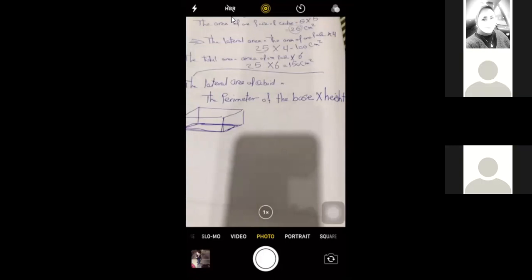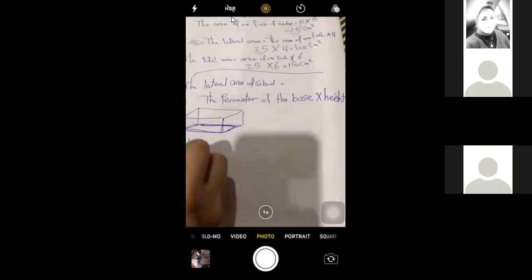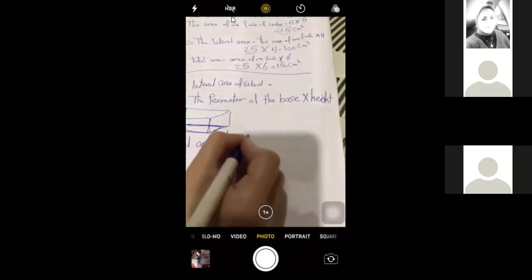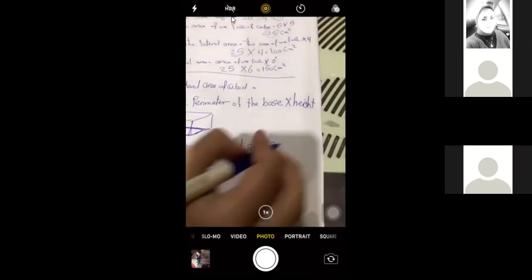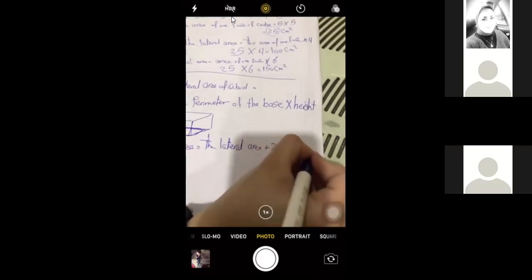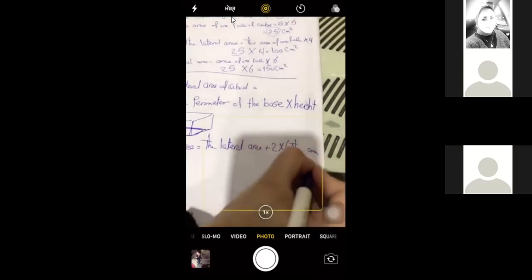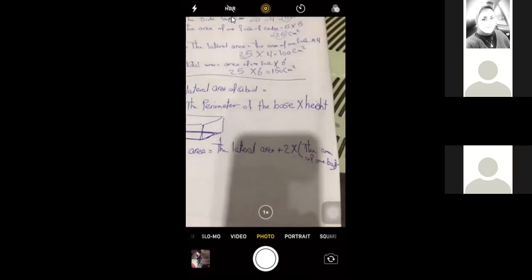Yes. This rule. Okay, but when I want to get the total area, it equals the lateral area plus 2 multiply the area of one base. Why? Here we have the cuboid.